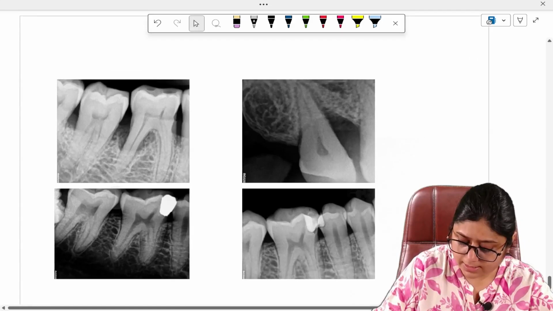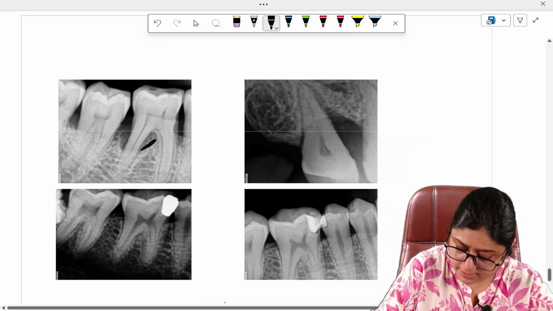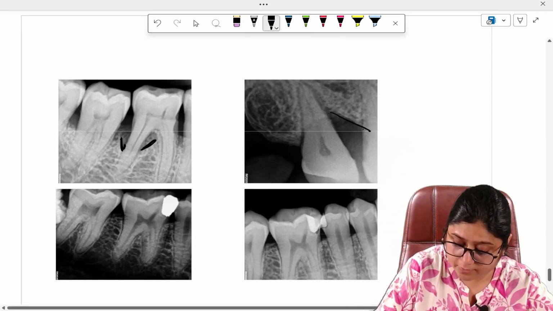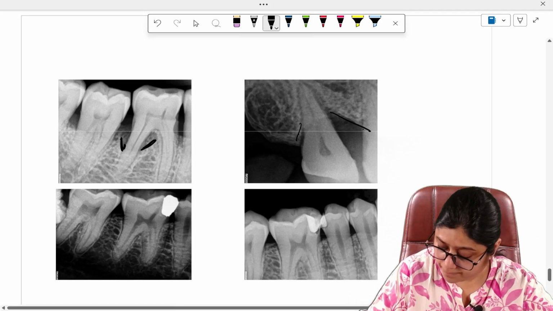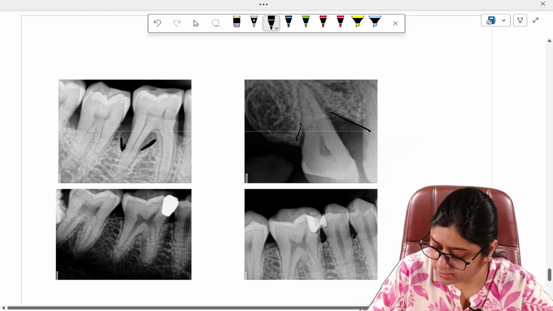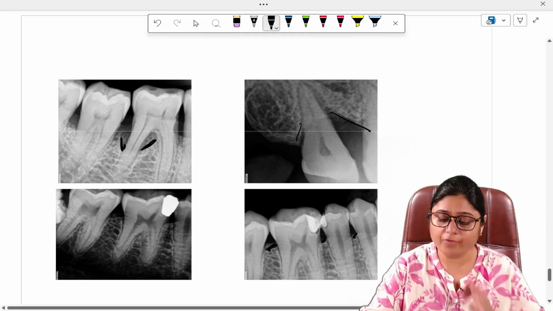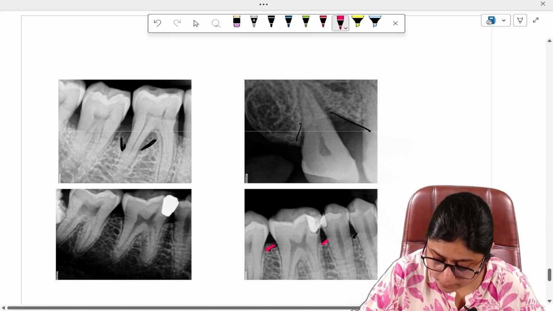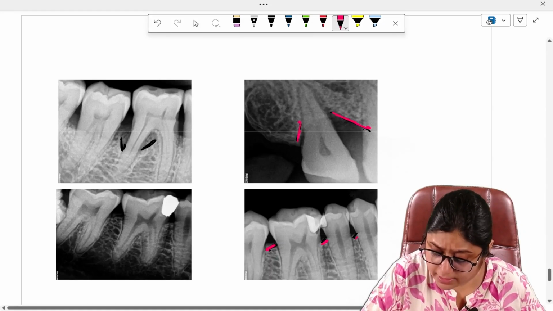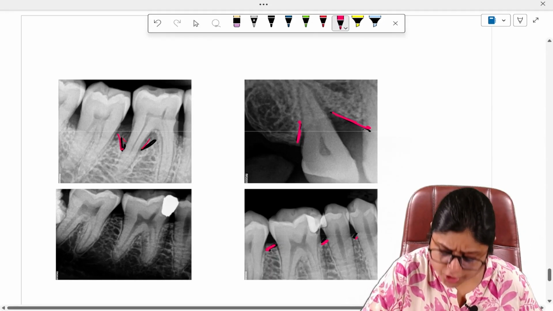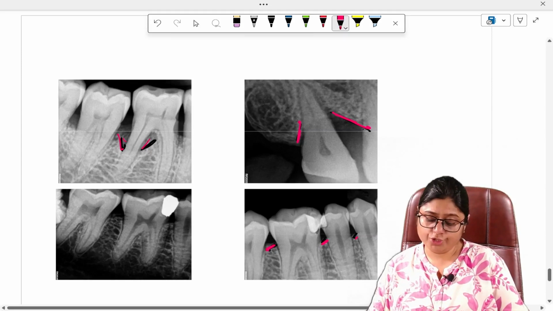So here you can see this is the vertical destruction. This is the initial vertical destruction which you see in trauma from occlusion cases. So this type of vertical destruction will be seen in patients with trauma from occlusion, guys.